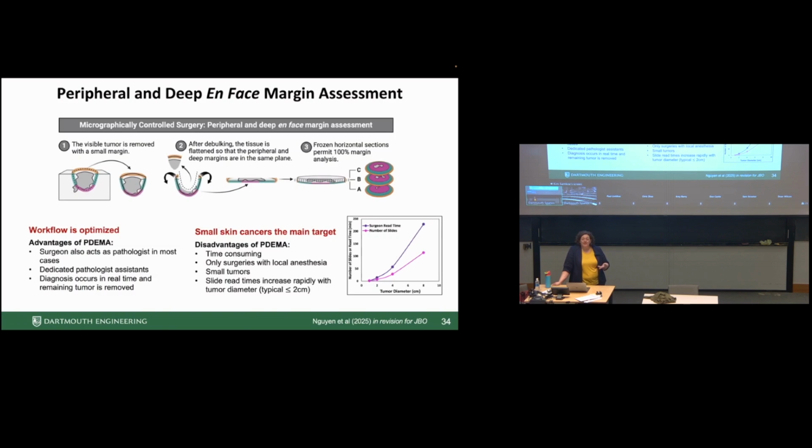It's done under local anesthesia, and the patient usually just goes and waits in the waiting room with a piece of gauze taped over their surgical site until they know if they have tumor left over or not. And the other limiting factor is if you get above 2 centimeters in diameter, the surface area of the tumor becomes too big for the surgeon to be able to read in a short amount of time. It'll take so much time for reading that it'll waste the day.